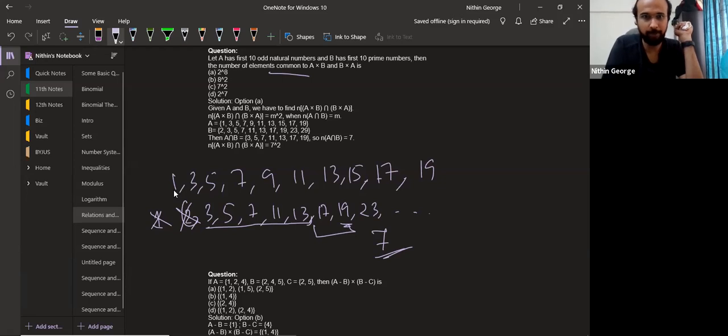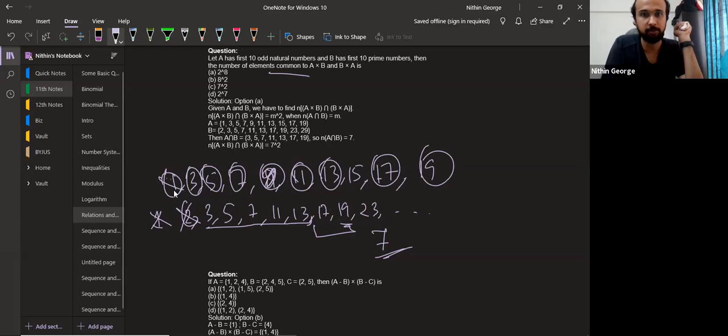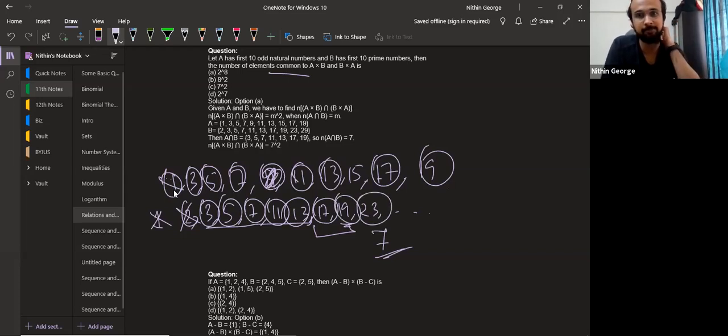Okay. So imagine the 7 elements mapping to each other. How many ways can that happen, guys? 3 can go here, 3 can go here, 3 can go here. 3 has how many options?